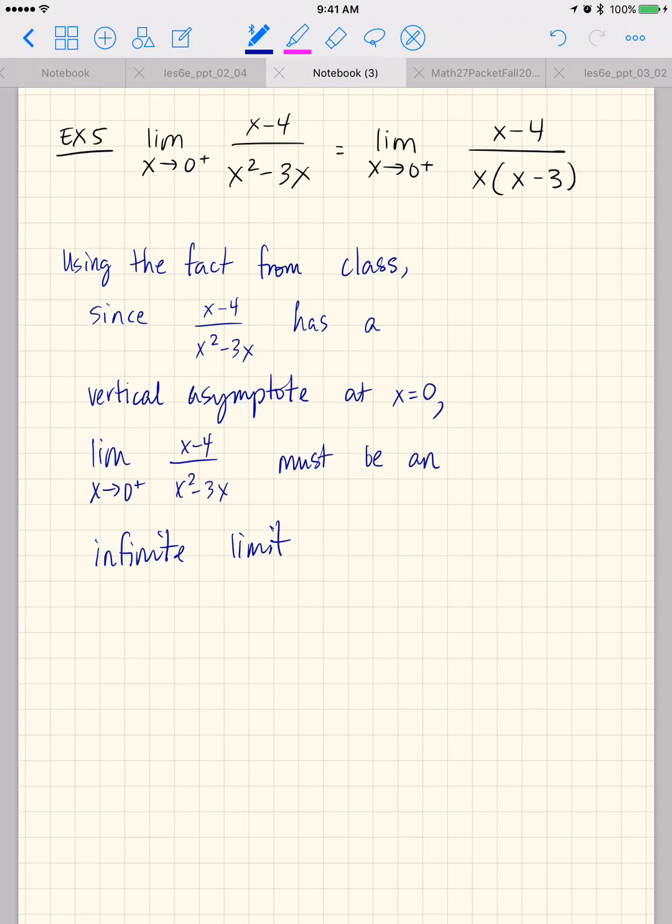Which means the limit has to equal plus or minus infinity.